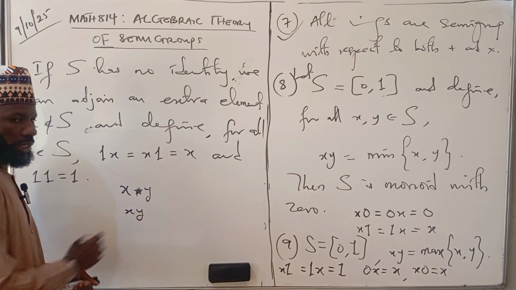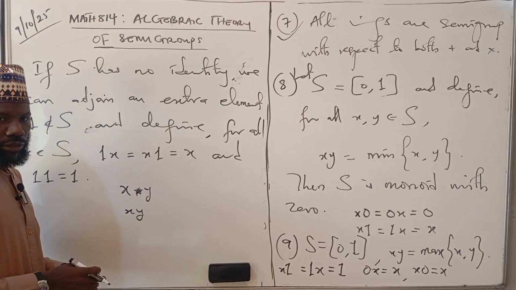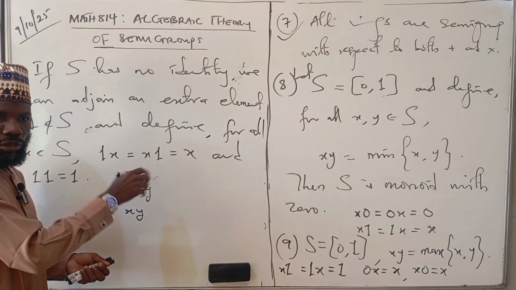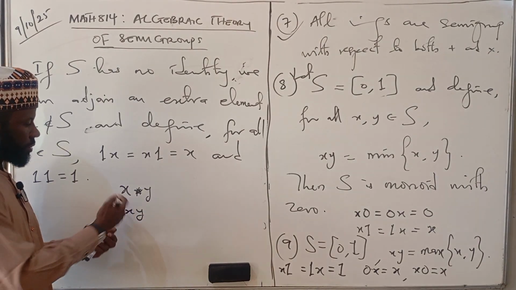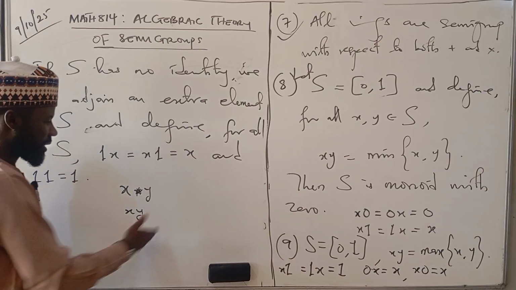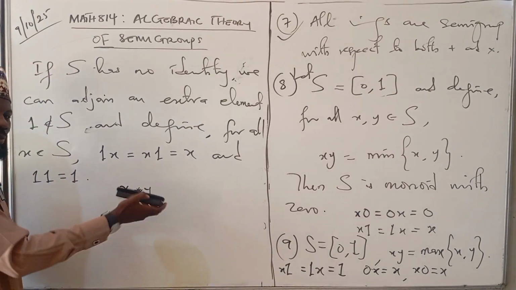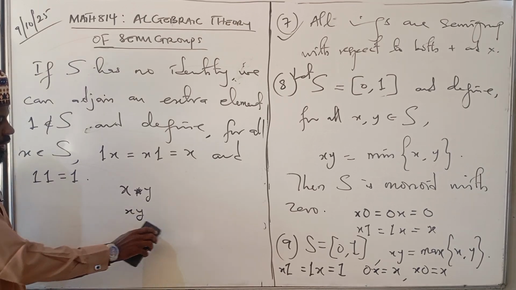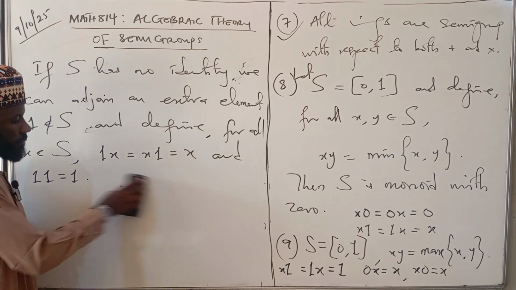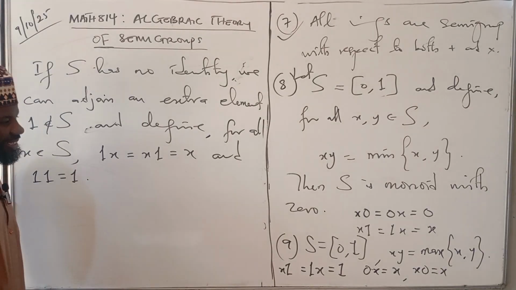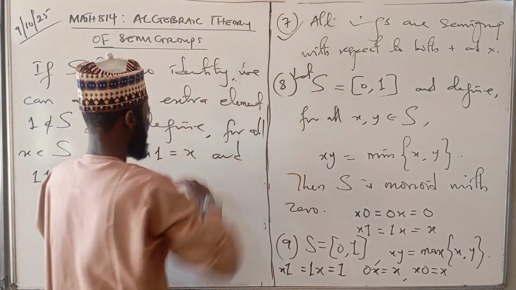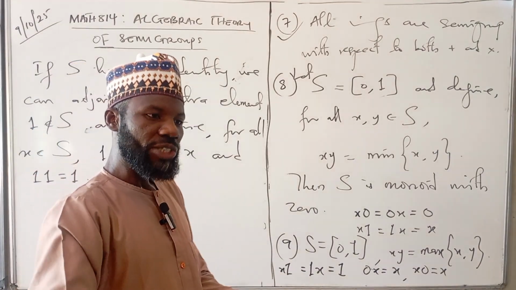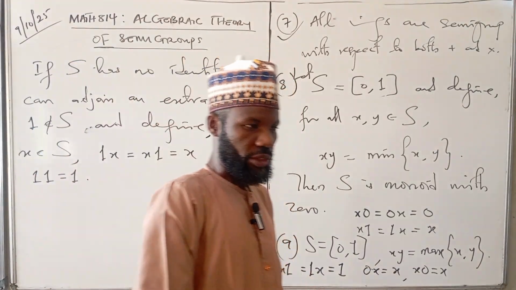Why not just write xy? You understand what you mean. Are you following? Because it consumes time to always put an asterisk, and it's not necessary actually. It's for simplicity of notation. You just write xy by concatenation, because it doesn't harm you. There is no harm in doing that. The only thing is that there are some chances of confusion. Maybe that is what you are trying to say.